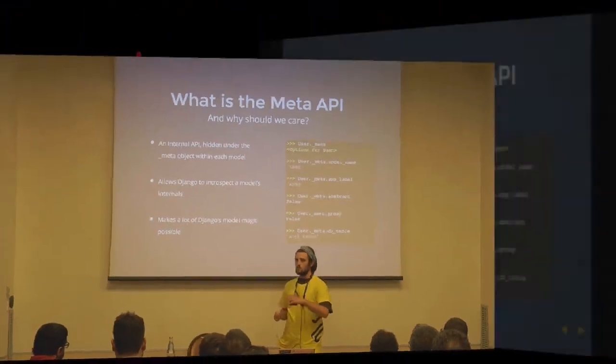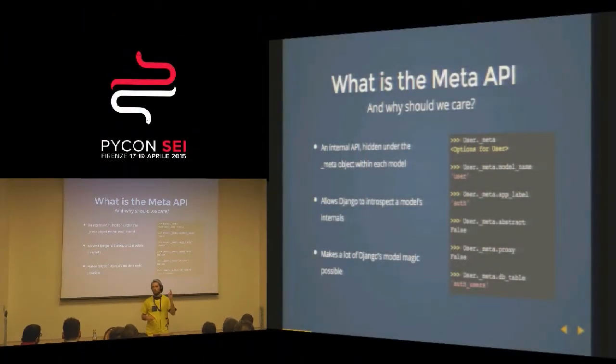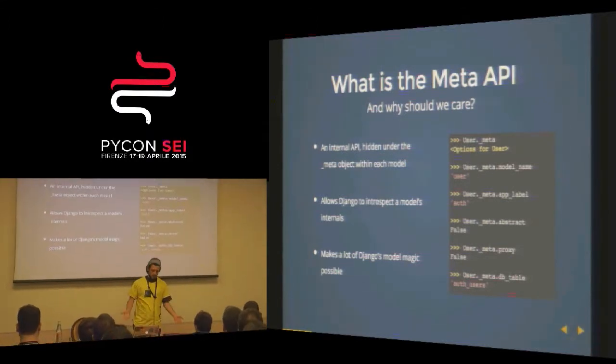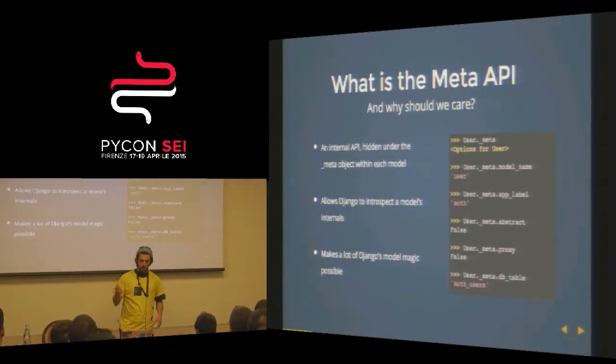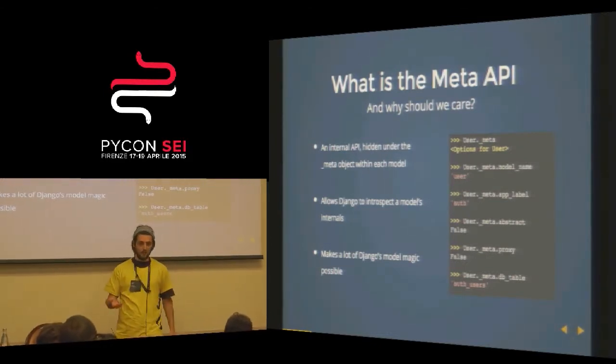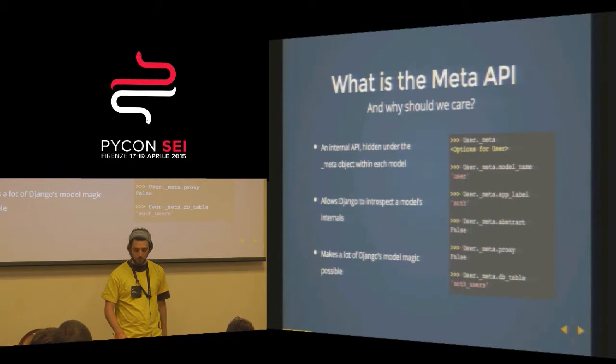It's the way Django's admin, model forms, or any of the high-level components actually understand more about the model and the way it behaves. This is basically what makes most of Django's model magic possible, because if it wasn't for this API providing this layer of introspection, it wouldn't have been possible.